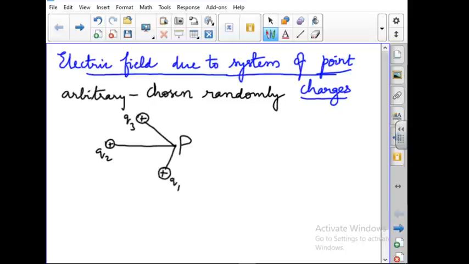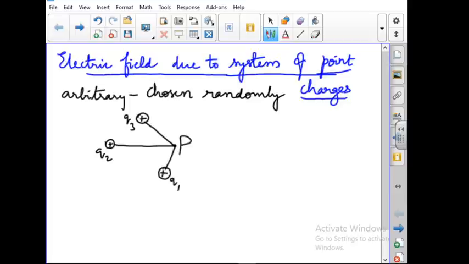So each and every charge will produce an electric field at the point P. So the total electric field at the point P is equal to the vector sum of the individual electric fields. And we are going to find out this resultant electric field using the superposition principle.